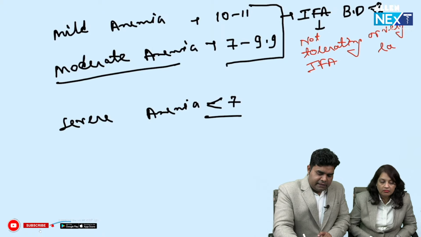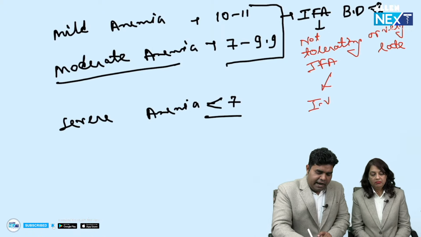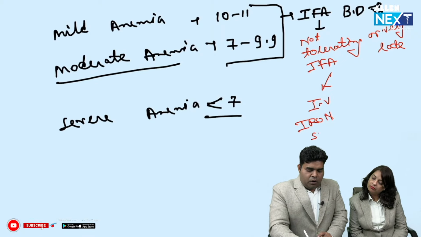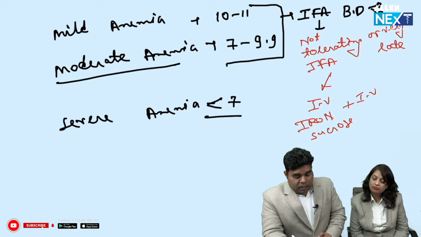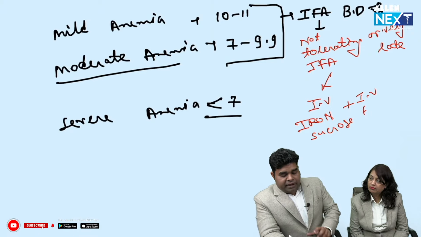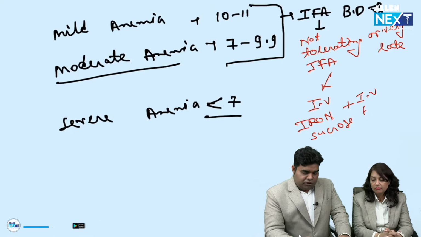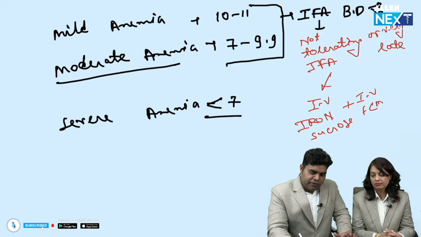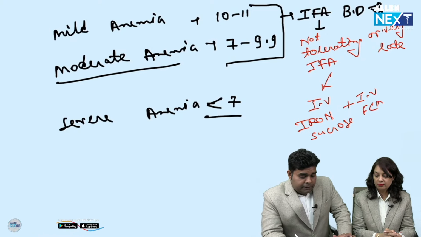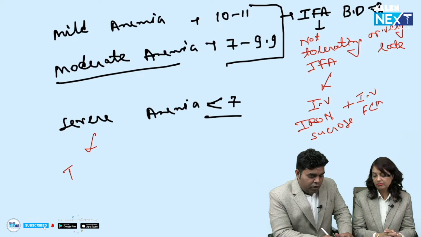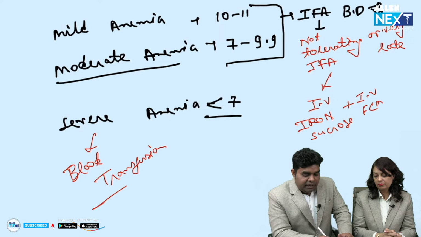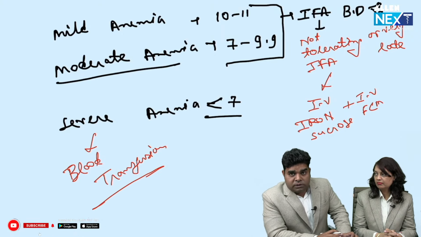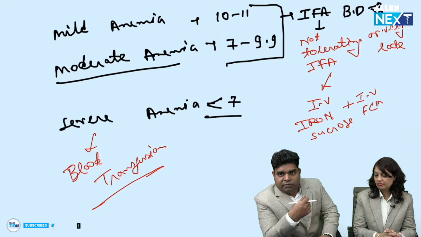In both cases, we can go for IV iron sucrose, or there is ferric carboxymaltose, FCM, one more component like iron sucrose, which we can use. But in case of severe anemia, we can directly go for blood transfusion. And do remember that we never give oral iron plus IV iron sucrose. It should not continue together. Either one of the two we can give.